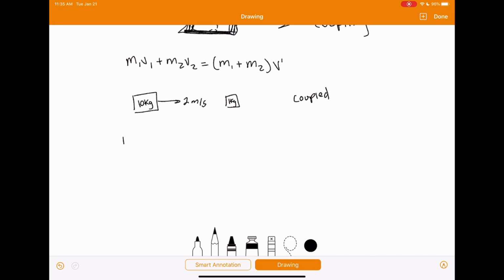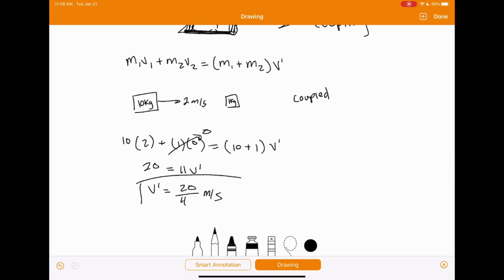So we would have mass 1 times velocity 1 plus mass 2 times velocity 2 equals mass 1 plus mass 2 times final velocity. This would go to 0 here, so we'd have 20 equals 11 v prime, so v prime equals 20 over 11 meters per second. That would be the velocity of the coupled object.